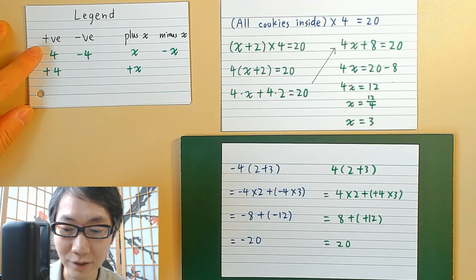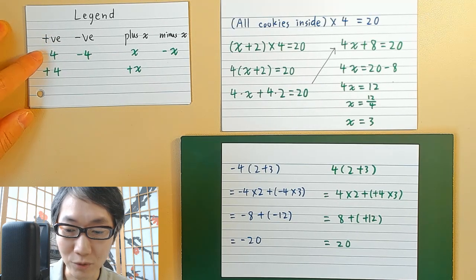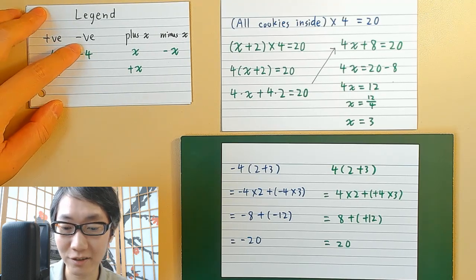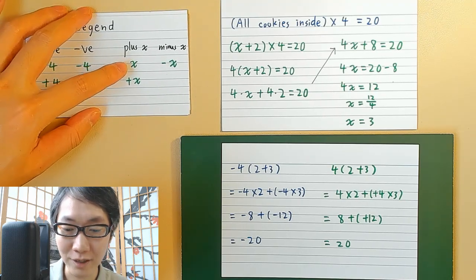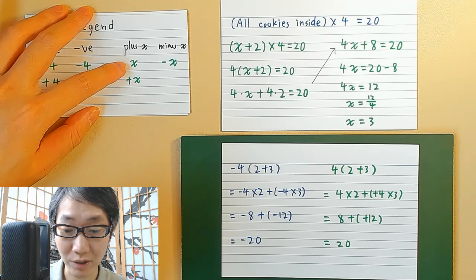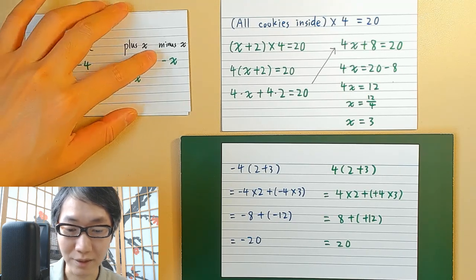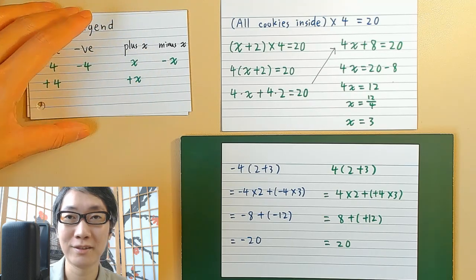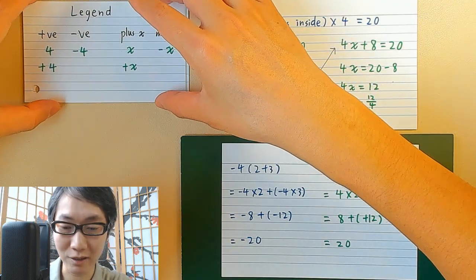Whenever we don't see the sign, or we see the positive sign, it is positive; we see a negative sign, it is negative. For unknown, if we do not see the sign, it is plus x, they're the same. And if we see the minus sign, it is minus x. Just a reminder from previous videos.